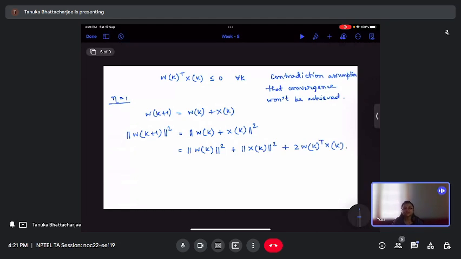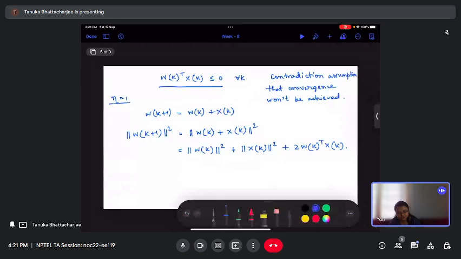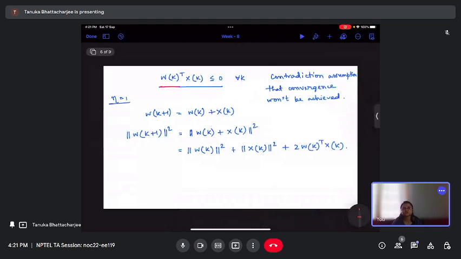This is what you will get. Now, since convergence won't be achieved, at each k we will have wk transpose xk less than or equal to 0. So, that means this term is always less than or equal to 0.